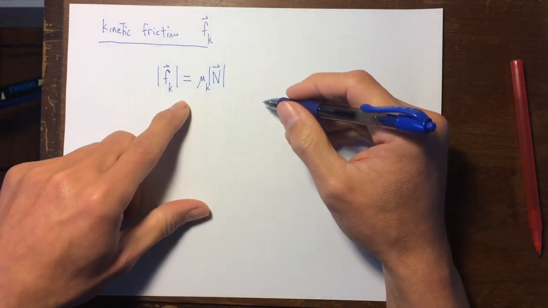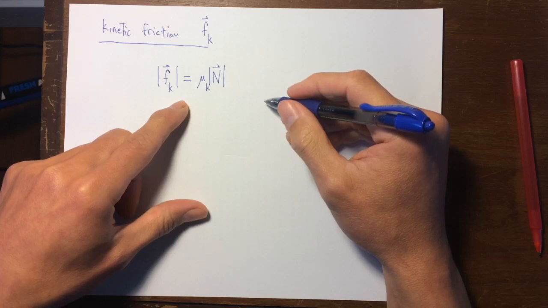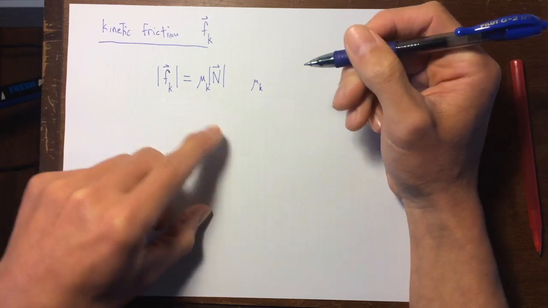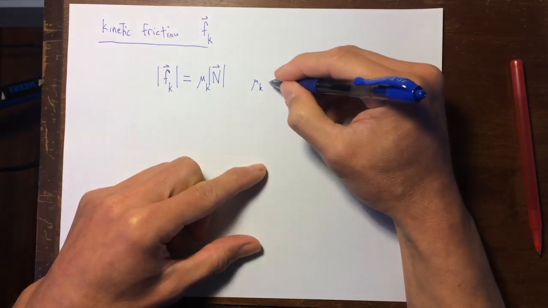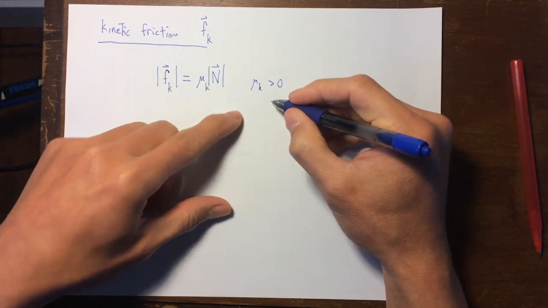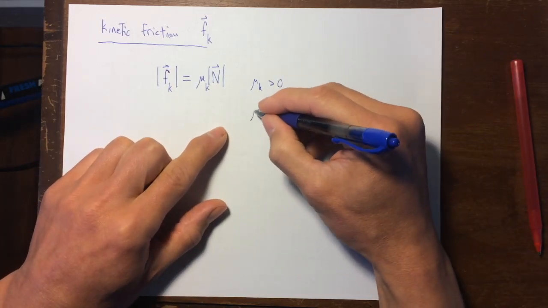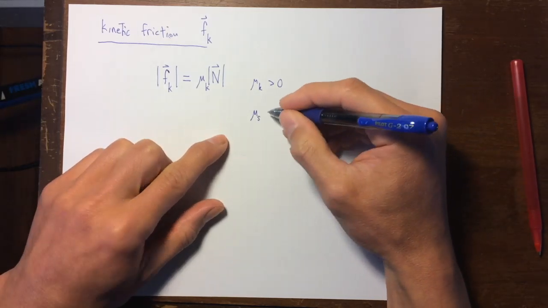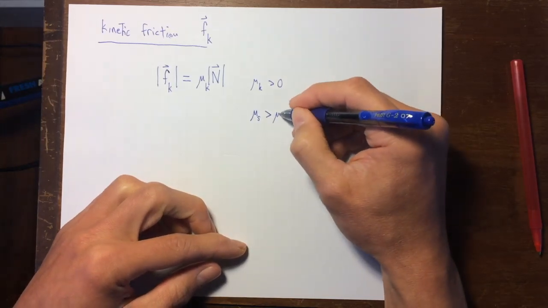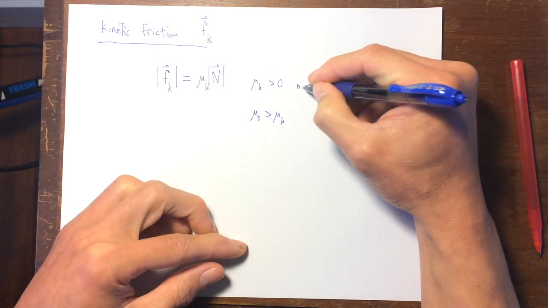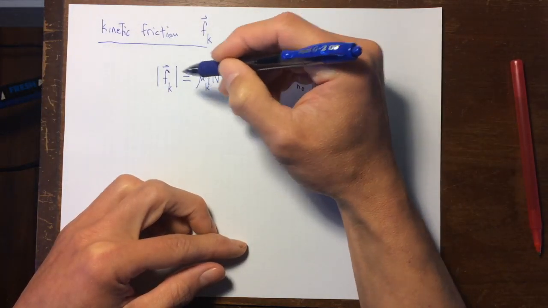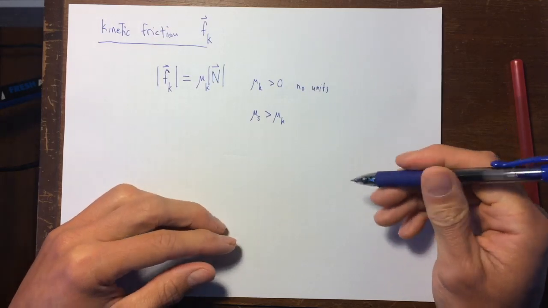All right, so I'll just make a note. Mu sub k is also bigger than 0. But when you compare to the static case, there are reasons to suspect that in these models, mu sub s needs to be bigger than mu sub k. Mu sub k also has no units, right? Newtons times something without units is newtons. That's the only way that works out.